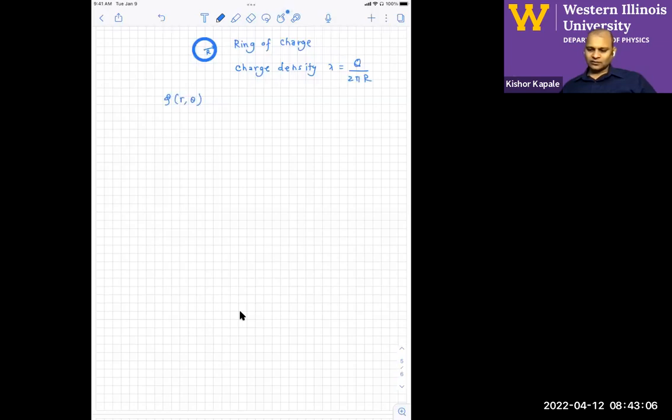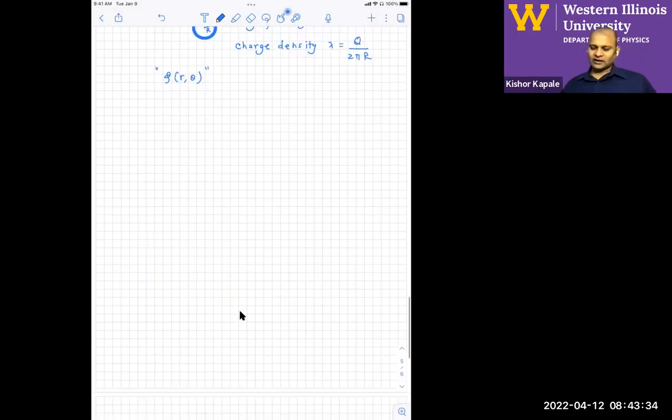We can think of an origin-centered sphere of radius r, and at the equator of that sphere is where the ring is sitting. You are trying to mimic this charge density as a spherical charge density, and once you have the expression for that, you can use the multipole expansions to determine phi of r, theta, for interior points as well as exterior points.